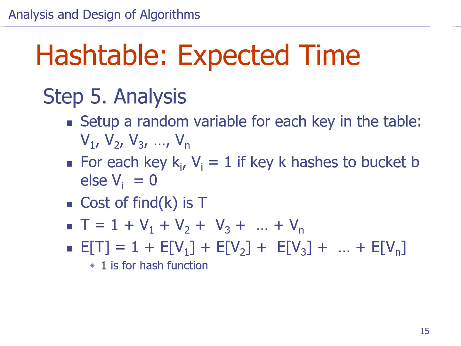So the total time to run a find is to do the hash, plus go and check on each one of the keys that exist in this bucket. This is what T equal to 1 plus v1 plus v2 plus v3 all the way till vn means.